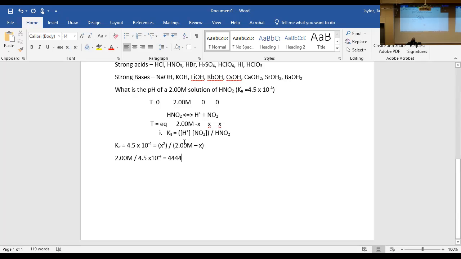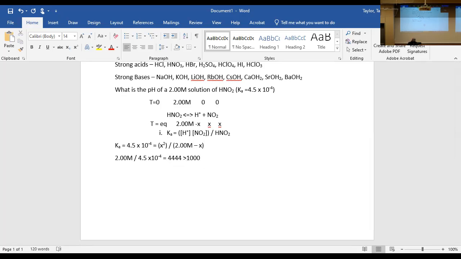Basically, as long as this number is bigger than 1,000, you can drop that x, which it is. 4,444 is bigger than 1,000. So this x is pretty much going to be meaningless in the problem because it's such a small number. So we drop that x, or I'll keep it in for this part.